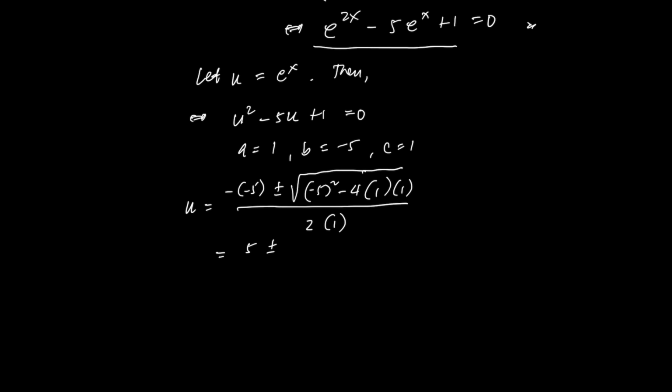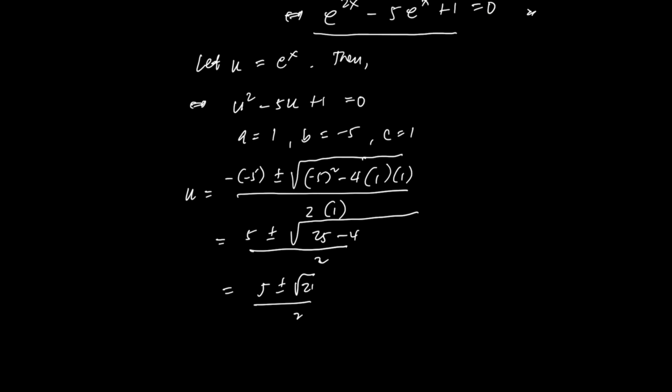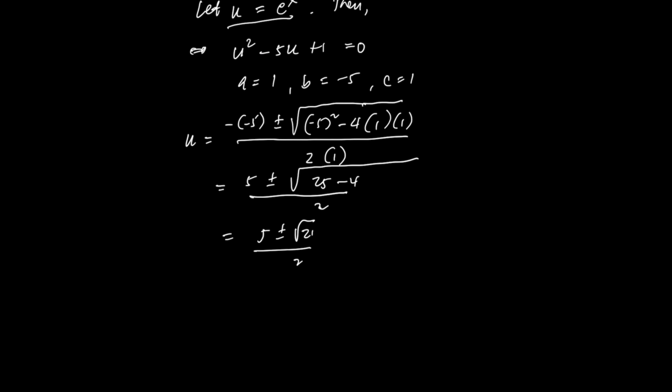So that's 5 plus or minus the square root of 25 minus 4 over 2. Or that's 5 plus or minus the square root of 21 over 2. And take note, our u is e to the x. So therefore, this one here is e to the x.